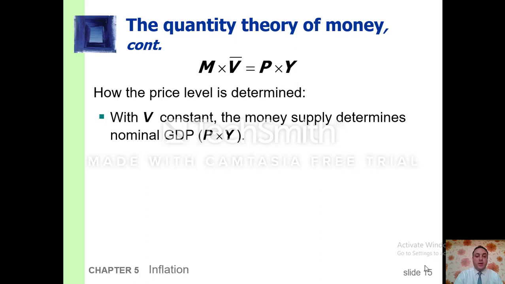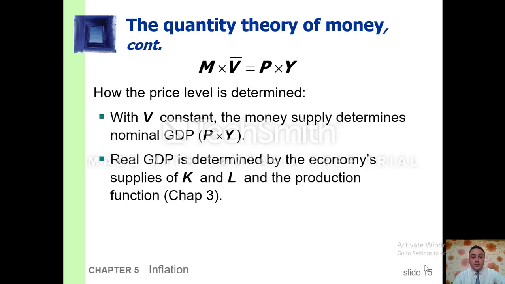So how is the price level determined in this case when the velocity is constant? With V constant, we only have the money supply, and it will determine the nominal GDP, the price of output multiplied by the quantity of the output. The real GDP, Y, is determined, as we know, by the economy's supplies like capital and labor and the production function, as we see in chapter 3. This is Y.